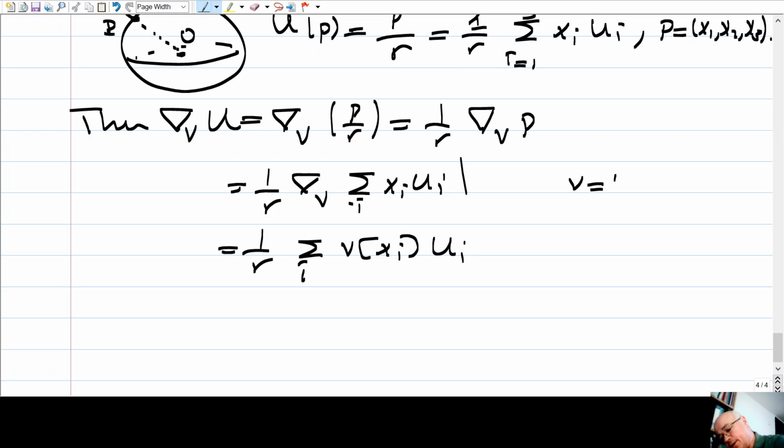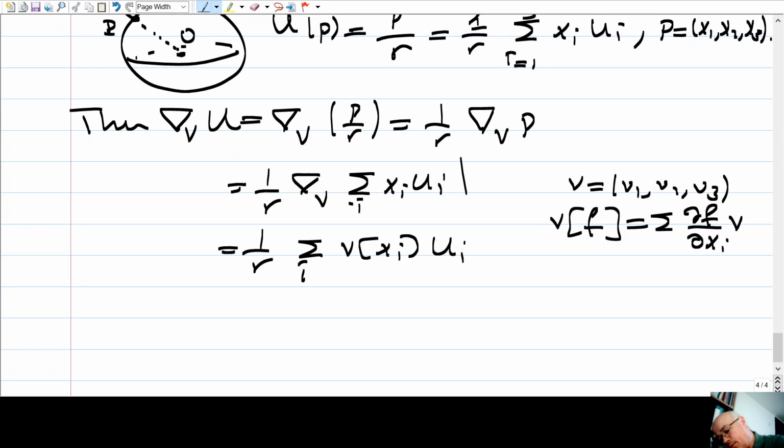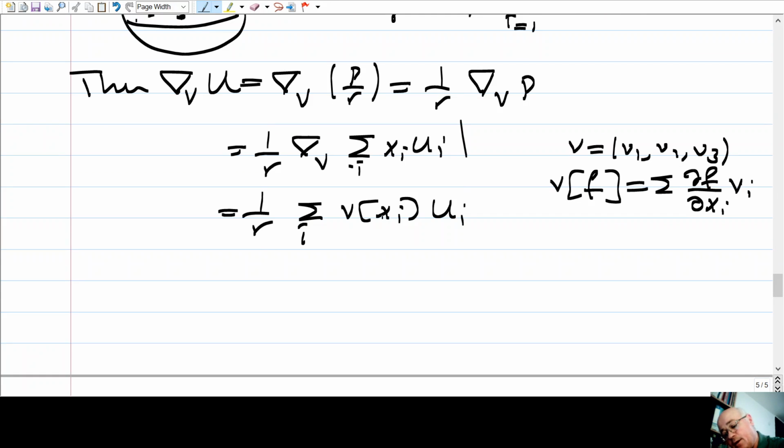If the vector v has coordinates v1, v2, v3, then v of f is nothing but the sum of partial derivatives of f with respect to x_j multiplied by v_j. I take partial derivatives of x_i with respect to all the coordinates x1, x2, x3 and multiply by v_j. The j-th derivative of x_i is 0 if j is different from i.